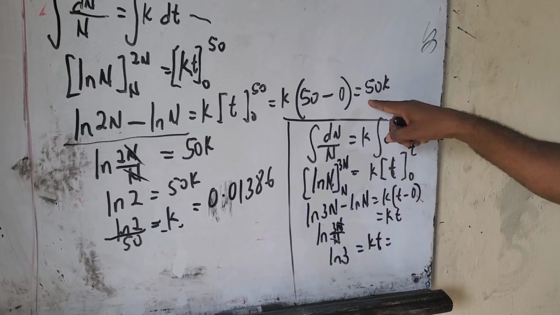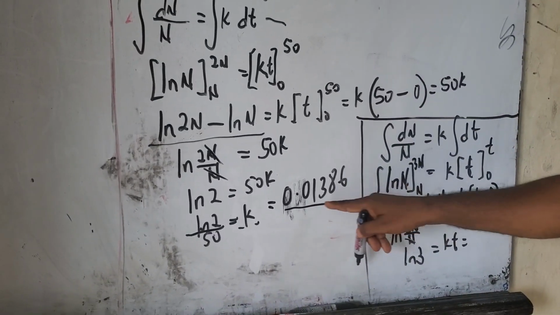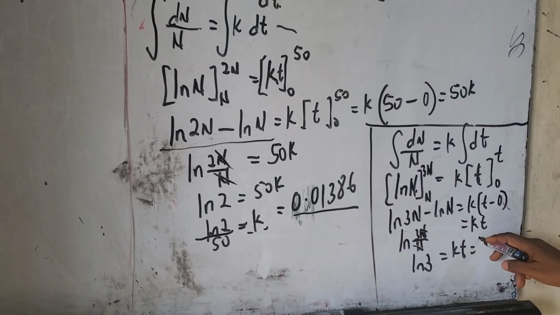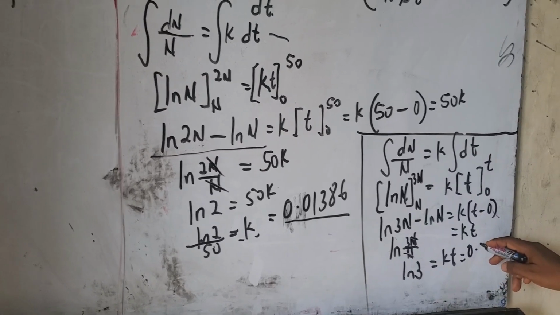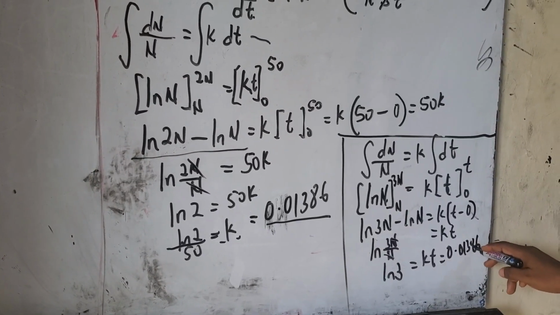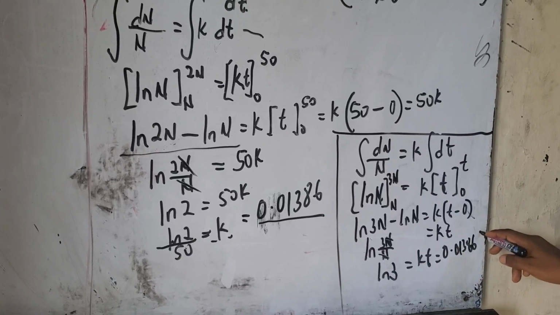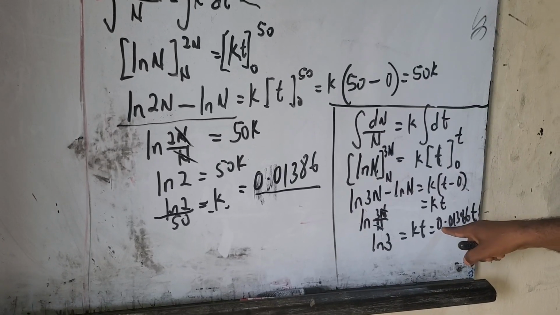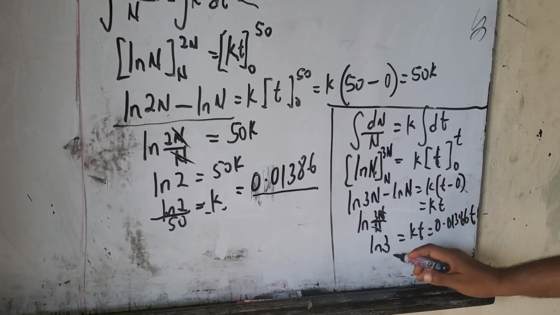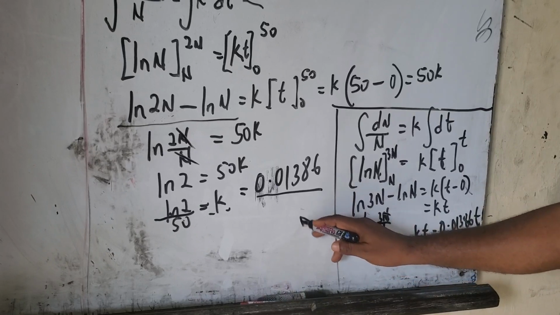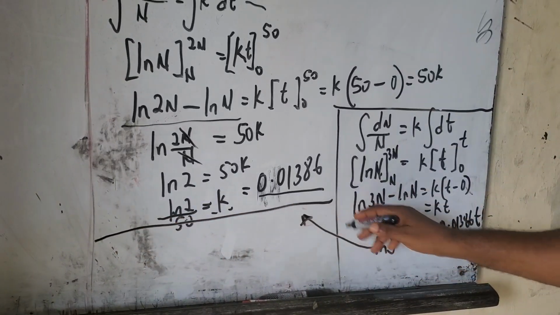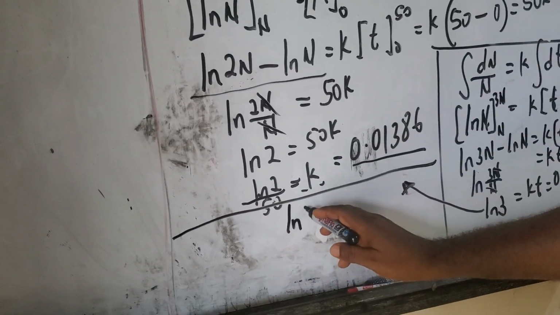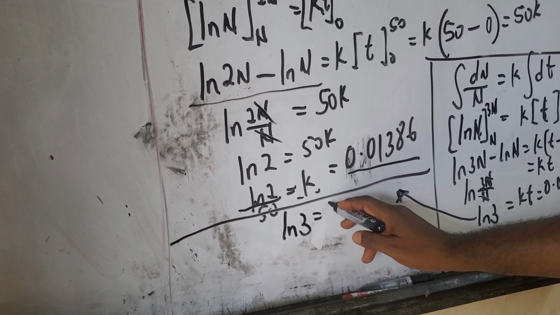Since my k has been obtained to be 0.01386, this expression can be written as 0.01386 times t. So this is the t we are looking for. I'm rewriting it so that we can easily see: ln 3 is equal to 0.01386t. To get this t, we divide both sides by 0.01386.